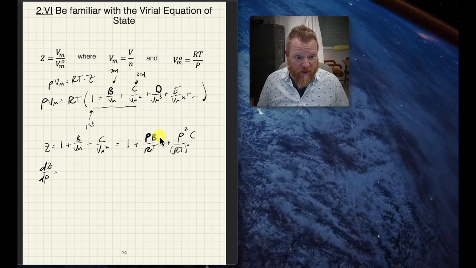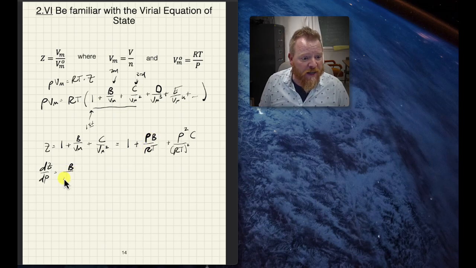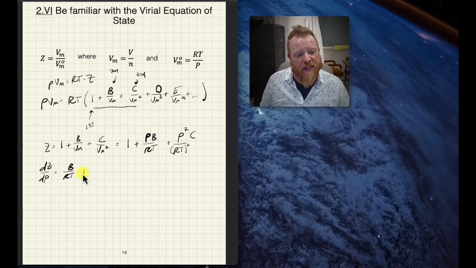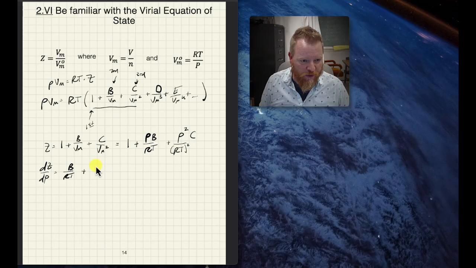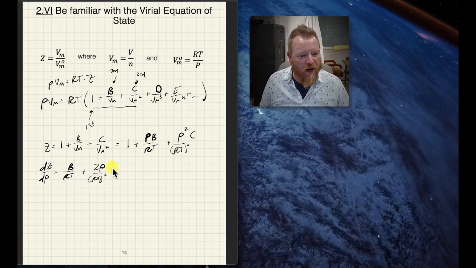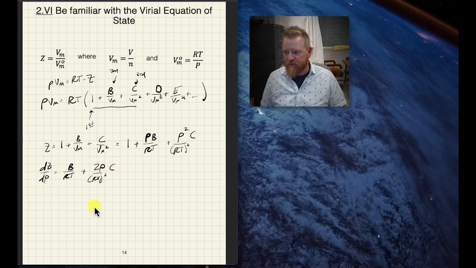Taking B over RT derivative with respect to P is going to drop out the P. So that just leaves us with B divided by RT. And then if we do the same thing on the other term, that's going to be 2 times P divided by RT squared times C.